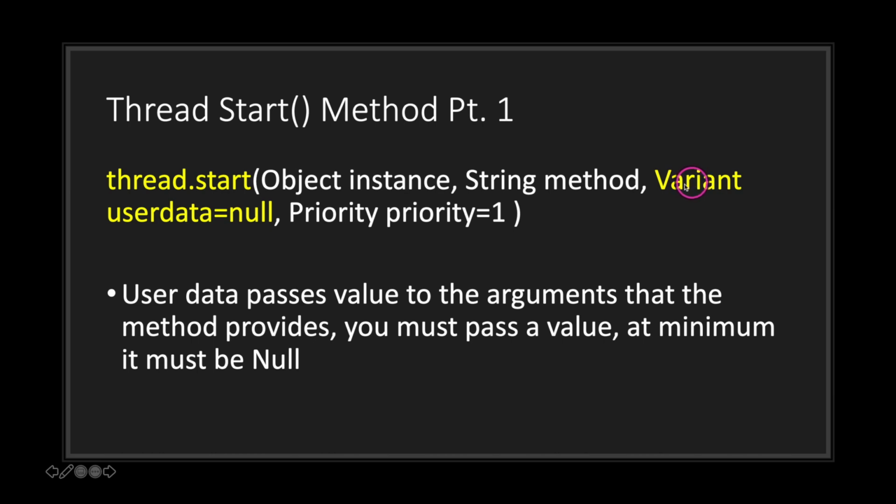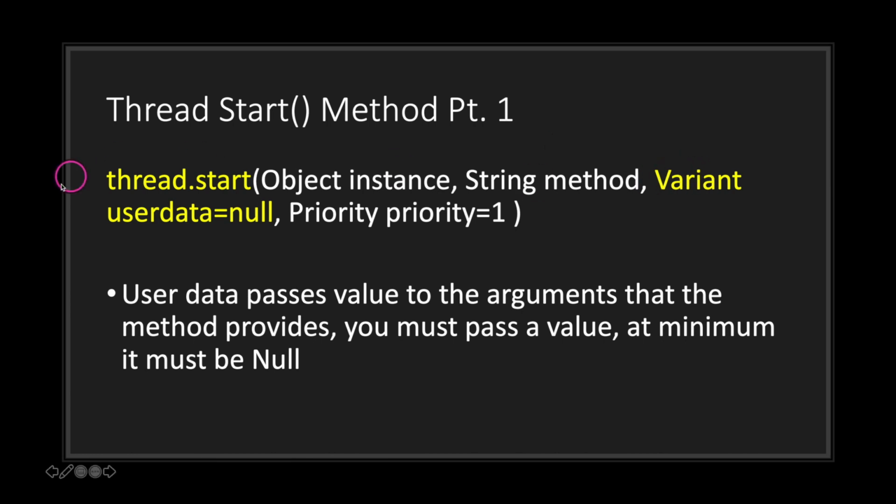However, I want to look into the variant. The third argument is important because you need to put in a value. So first of all, user data passes the value to the argument of your string method. Your string method, or rather the method in your class that you use in the second argument of your start method, must accept a parameter.